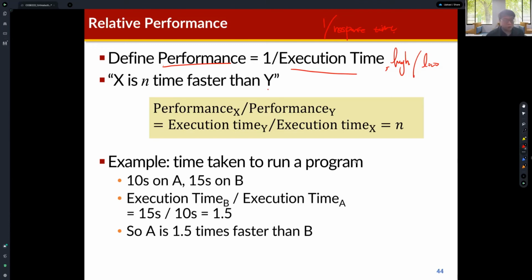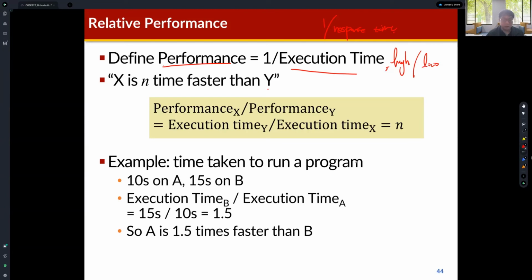So how can you compare? The performance of system X is divided by the performance of system Y. And you know the definition of performance is 1 over execution time.